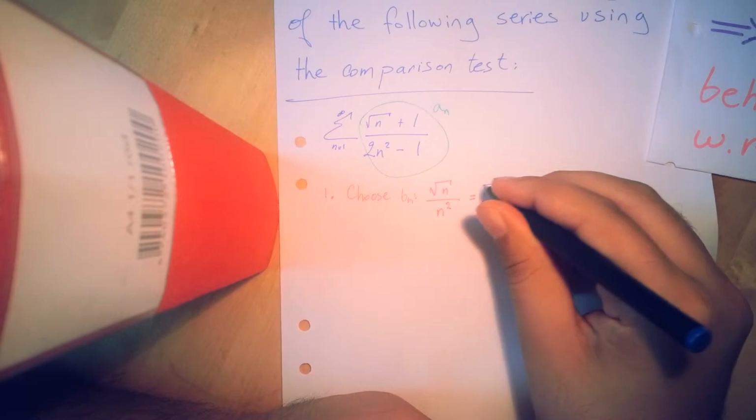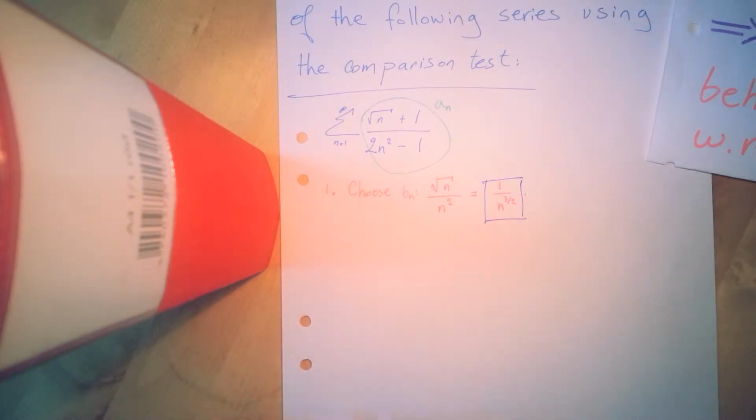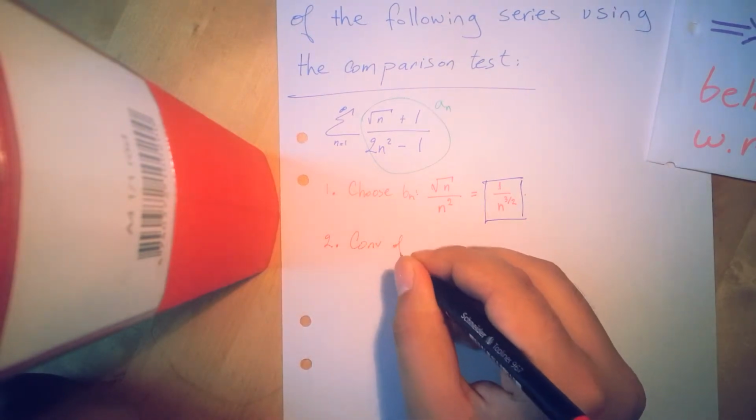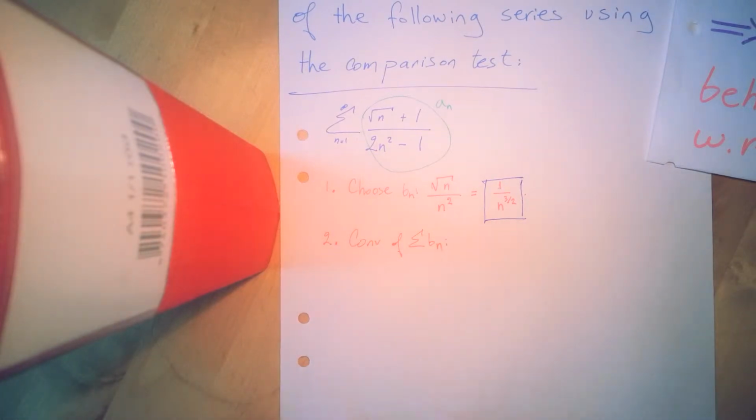1 over n to the 3 over 2. That's it. The second step that we do is to determine the convergence of the series of bn. We have to tell whether this bn converges or diverges.